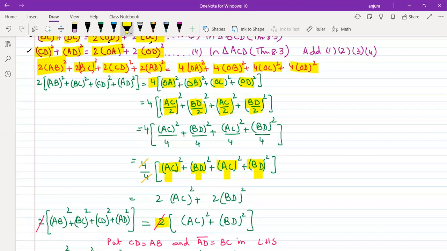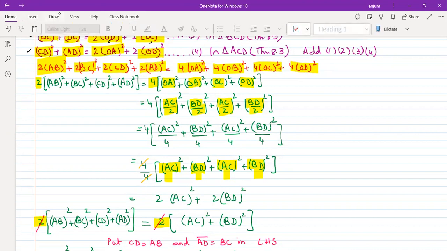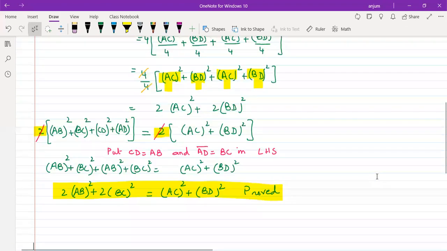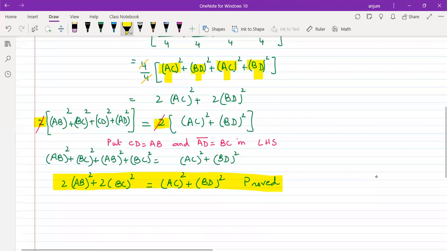Again, we have taken 2 as common and cancelled it with this 2, and we are left with this statement.